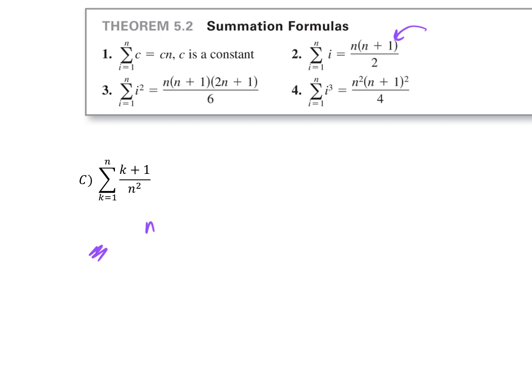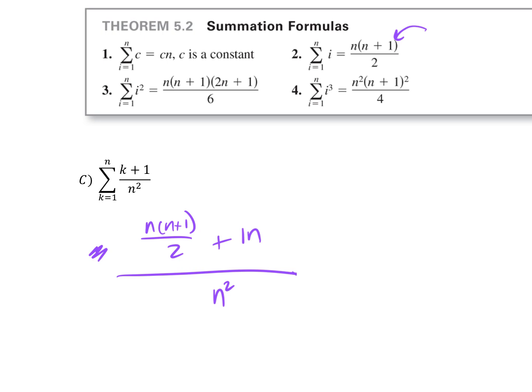So it'd be n plus 1 over 2. What would happen to the 1? 1n. That n squared is just like a constant that comes along for the ride. We don't know what n is, but we know that it's always the same number. N squared would always be the same number.